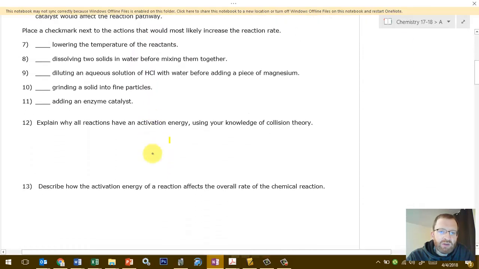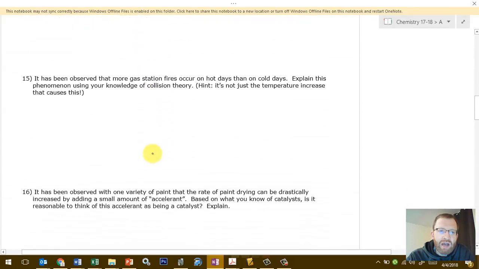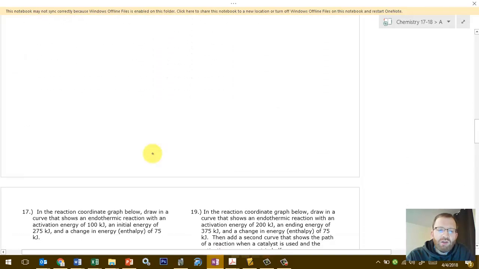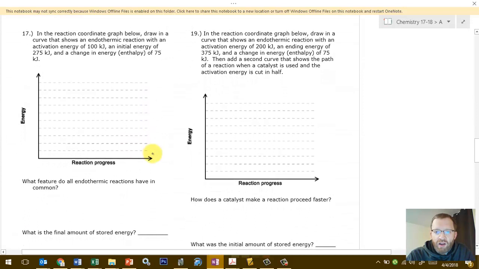But what I do want to do is jump to a question down a bit further and go through one of these drawing pictures with you where you have to synthesize the picture from scratch. I'm just going to work through one of these with you. Maybe I'll do a second one, but I would encourage you just to watch the first one and then try working on the other ones by yourself.